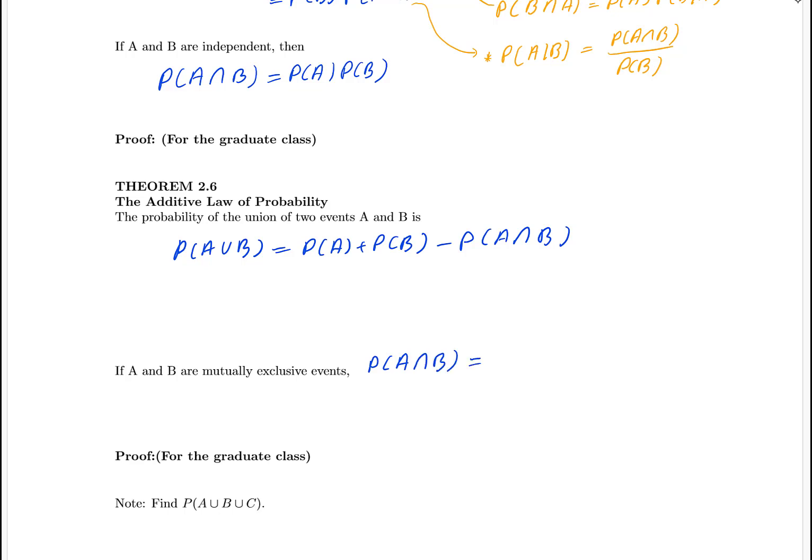If A and B are mutually exclusive, then probability of A and B equals 0. Then we can write probability of A union B equals probability of A plus probability of B. This is true if A and B are mutually exclusive.